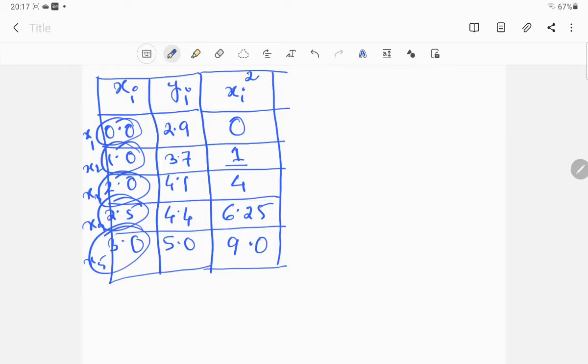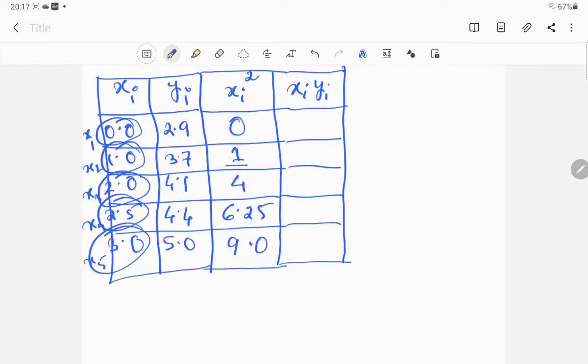All right, then you need to find xi yi. Okay, so how to find that? First we will do x1 and y1. This is y1, y2, y3, y4, y5. So 0 times 2.9 is 0, then 3.7 into 1 is 3.7.